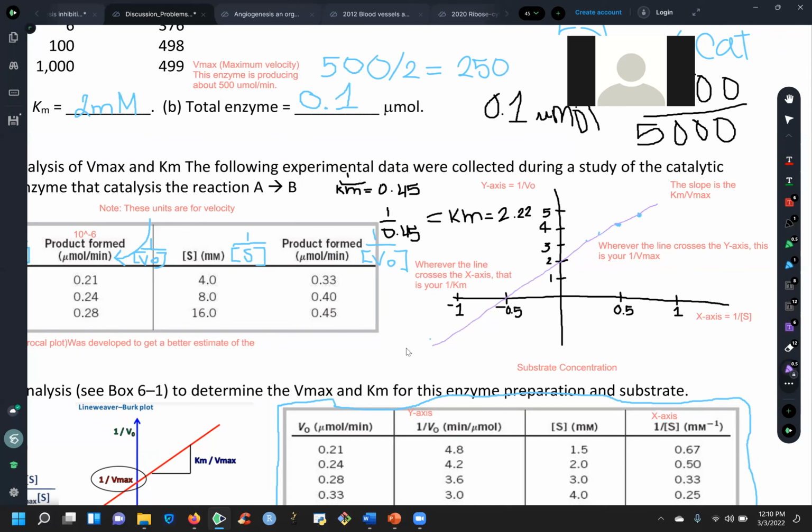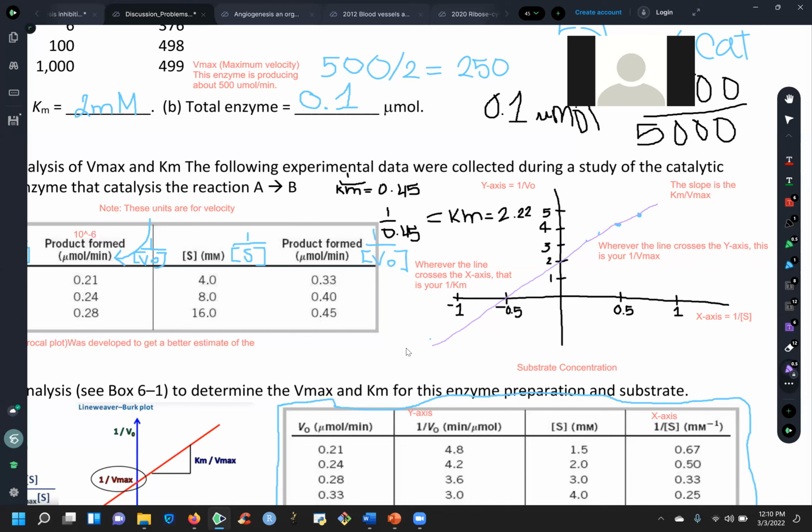So this is Lineweaver. And all they did is they took the inverses of the Michaelis-Menten stuff. Inverses, okay? So we have 0.5 and we have 1. And then we've got negative 0.5 and then we have negative 1.